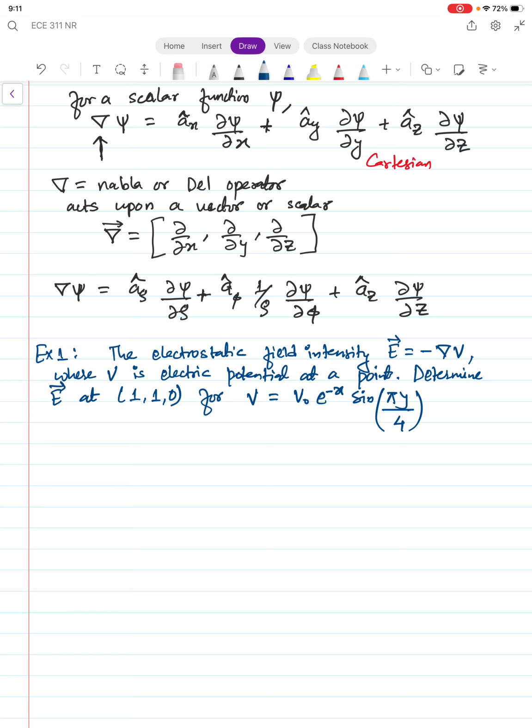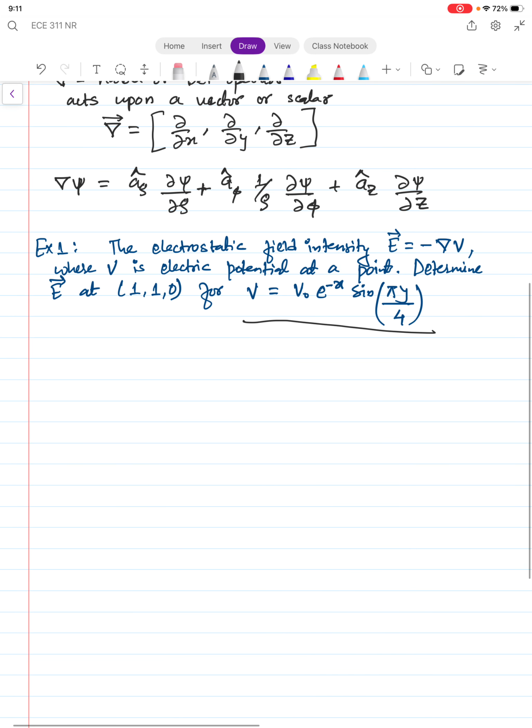Okay, that's our problem. You are given a scalar function V equal to this, and you have to calculate the vector function E. So for that, you obviously have to take the gradient of V, and the good thing is this is in Cartesian coordinate system.